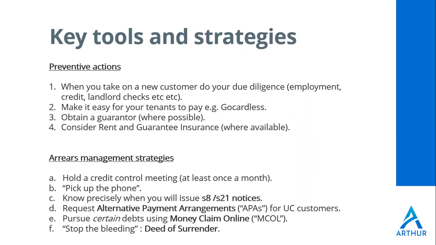An example of an insurance company is Alan Boswell. They will pay the monthly rent and potentially cover the legal expenses associated with a tenancy that's gone wrong. So again, it's a great tool that's available to prevent significant rent arrears. Okay, so that's covering off on preventative actions.